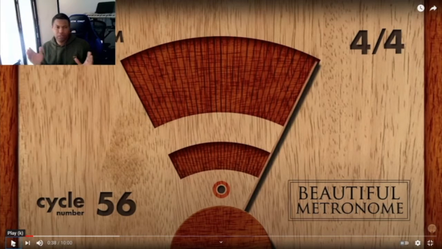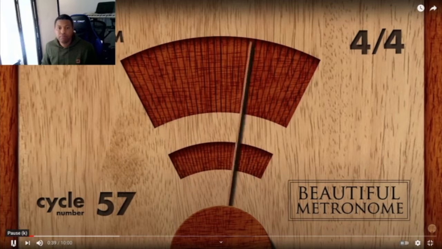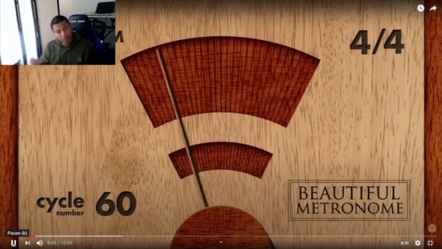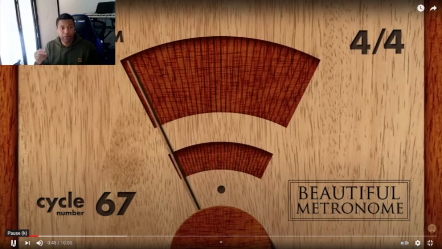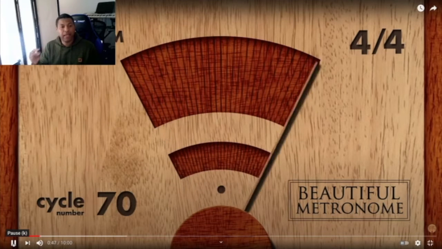Does that mean we're going to say 1, 2, 3, 4, 5, 6, 7, 8, 9, 10, 11, 12, 13, 14, 15, 16? No. It's a steady tempo. What is tempo again? It's the speed in which we play music. When it's nice and steady, that's why we use a metronome. Notice how it's nice and steady. So this is the first thing.